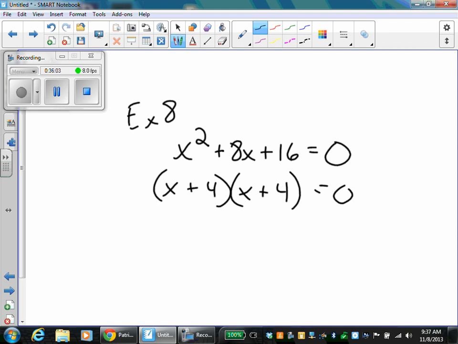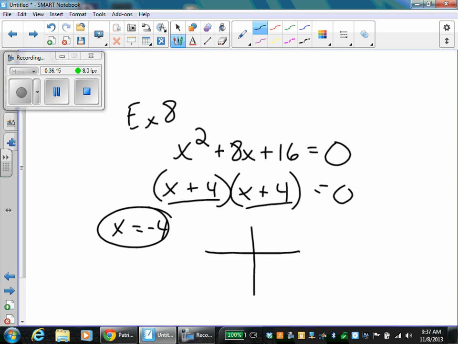Everybody agree? Aha! But what do you notice? These are the same. Do you need to set both of them equal to 0? No, your answer is just negative 4. So if you graphed it, 1, 2, 3, 4, this is a U because it's positive. It's one of those one solution problems, okay, if you end up with the same thing in both of the binomials.